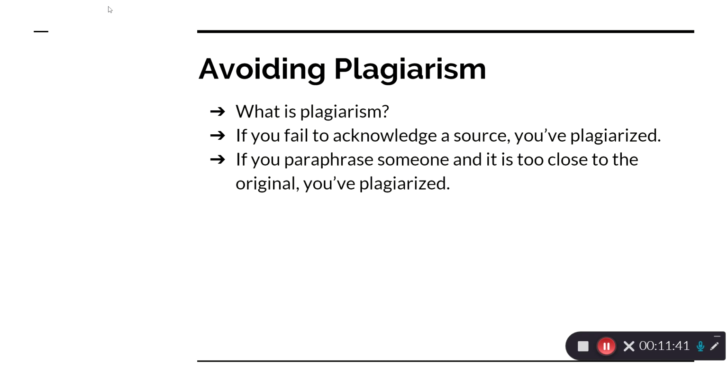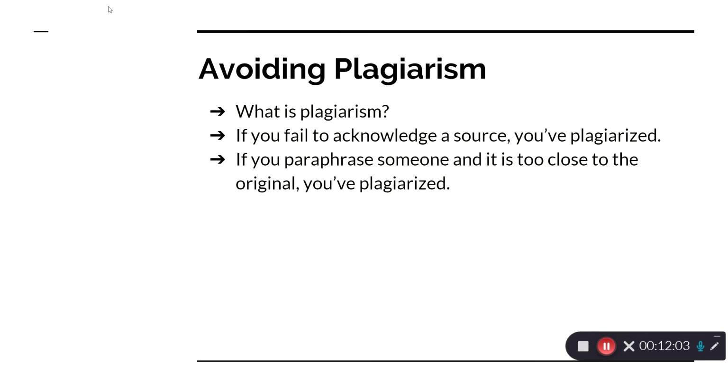If you paraphrase someone and it's too close to the original, you've plagiarized. There are certain types of plagiarism, and we're going to watch a short video within this video about the types of plagiarism. Then some people will say, oh, I'm just going to take it word for word and just use a synonym for each word. Well, you're still plagiarizing.